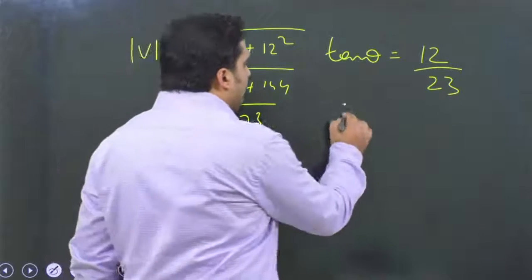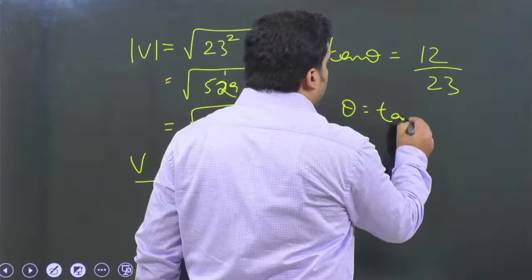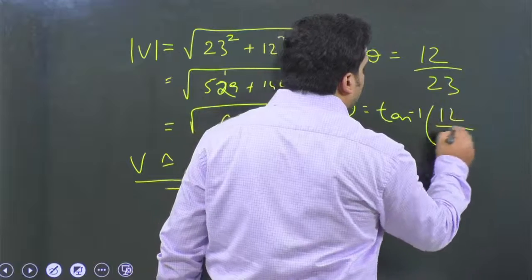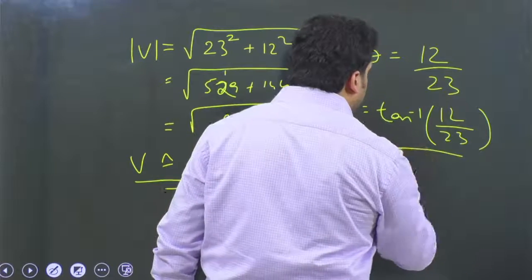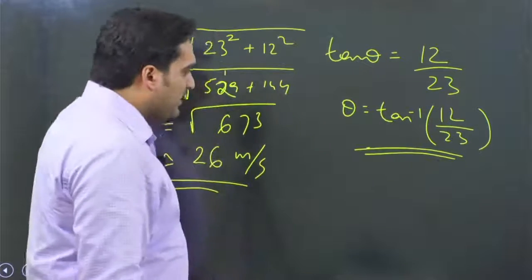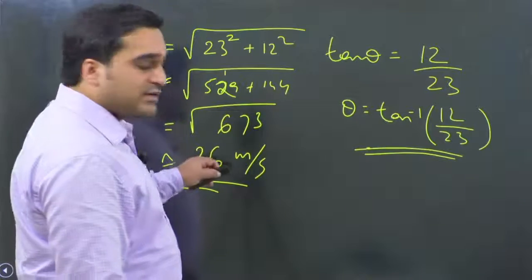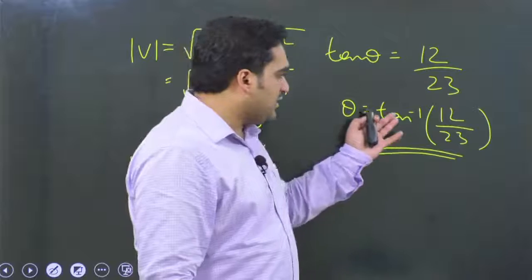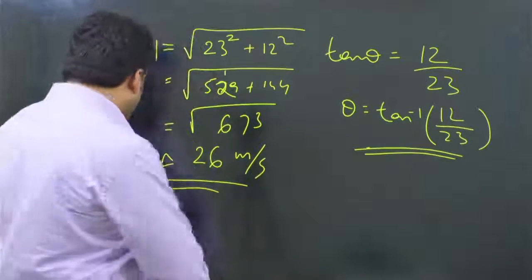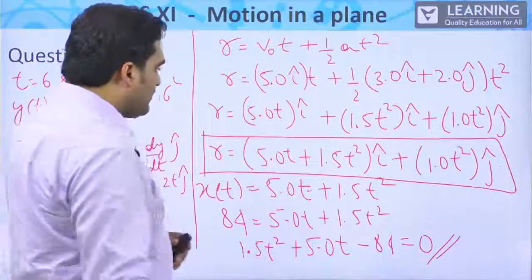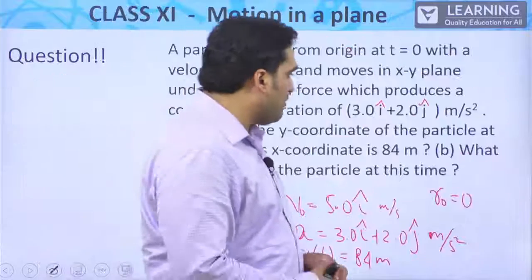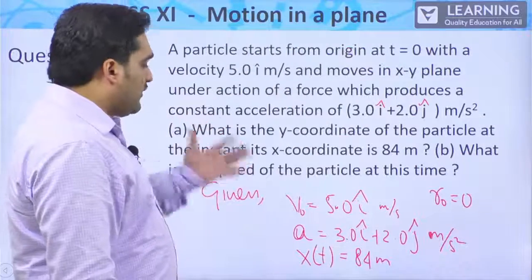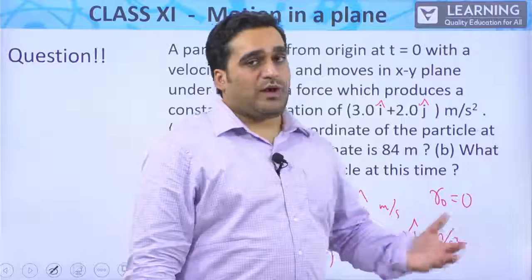So theta will be equal to tan inverse of 12 by 23. This will give you the direction of the object. The magnitude is approximately 26 meters per second, and the direction is tan inverse of 12 by 23. So this is how you solve the problem for given components of x and y.